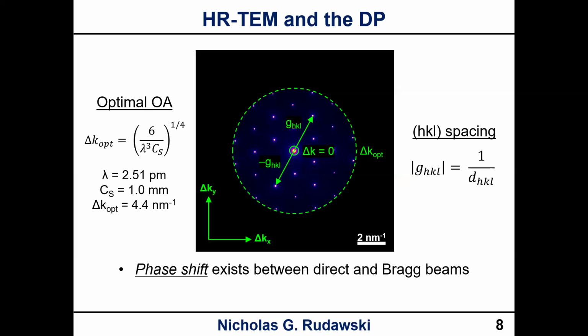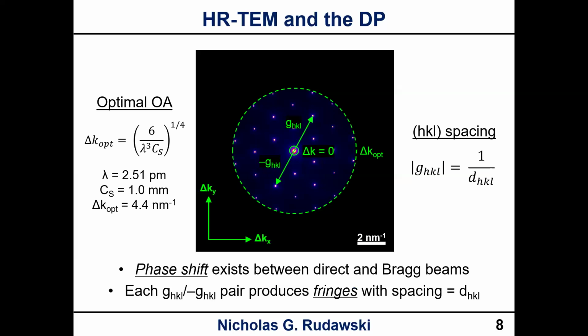But the key here as well is that because of the Bragg scattering, there is a phase shift that exists between the direct and the Bragg beams, okay? And it's actually this phase shift that is responsible for seeing the lattice detail in the high-res images, okay?